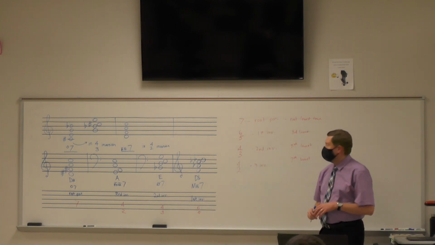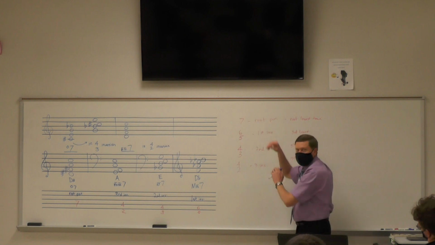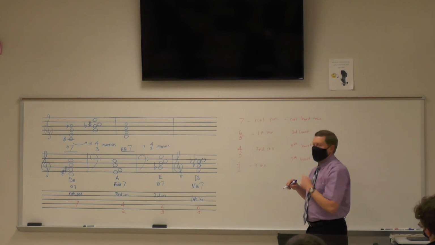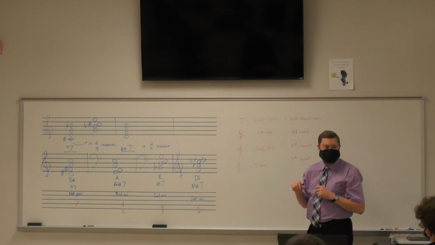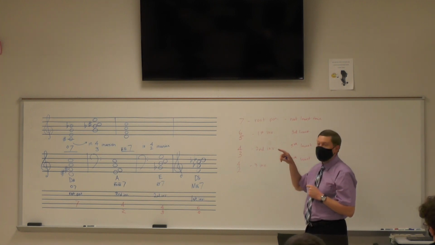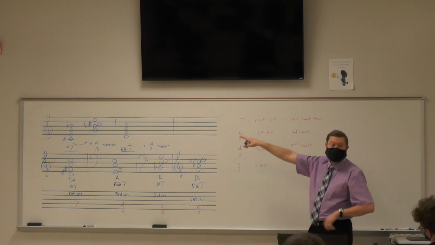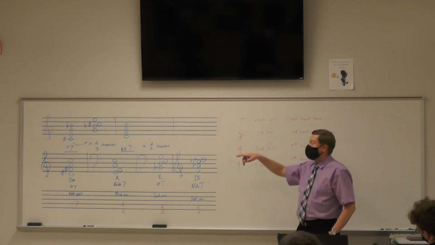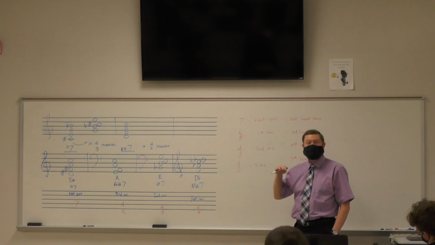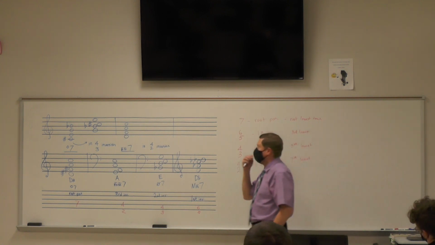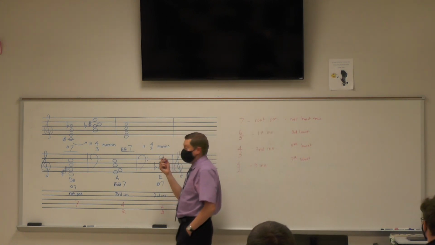4/2 inversion. Which inversion is that? First, second, or third? Third, okay, and that means which chord member needs to be on the bottom? The seventh, which means the C. We need to rewrite it so that it's still D, F, A, C, but the C is the lowest tone. So you can do it one of two ways, it doesn't matter.